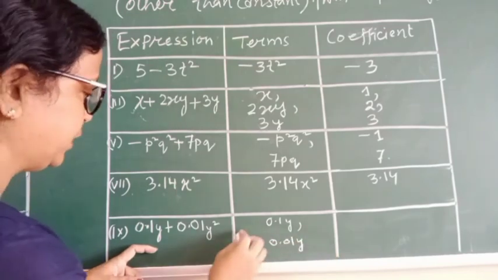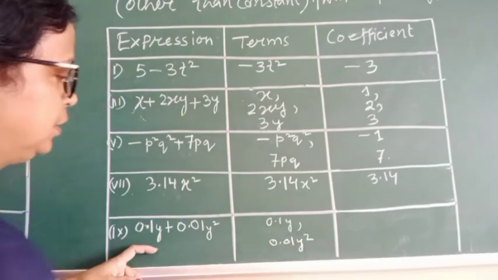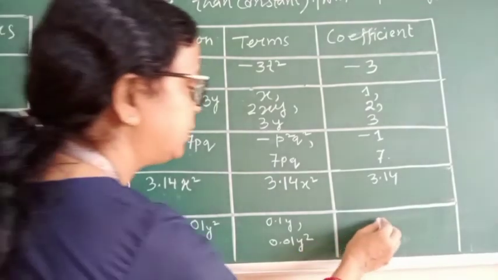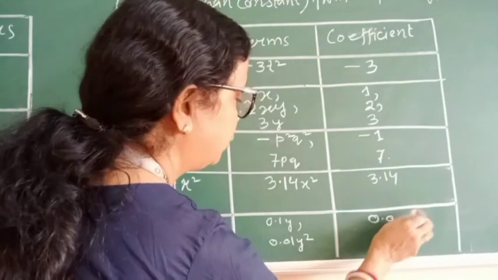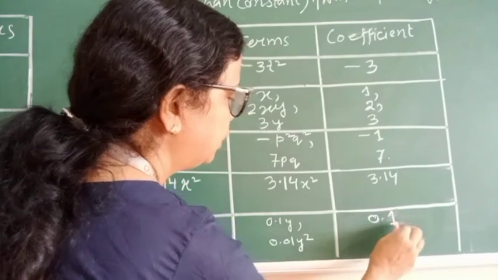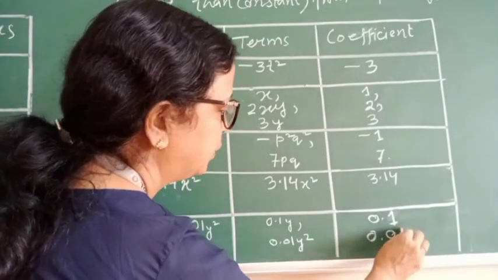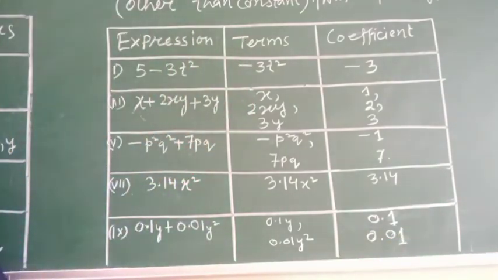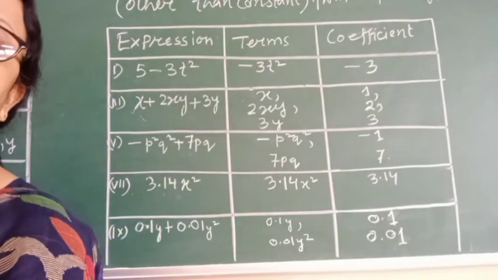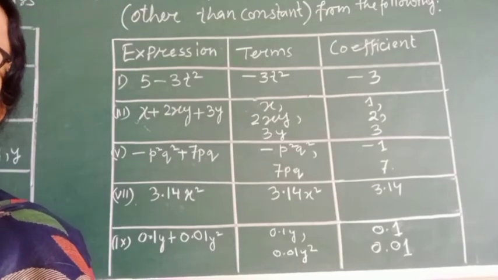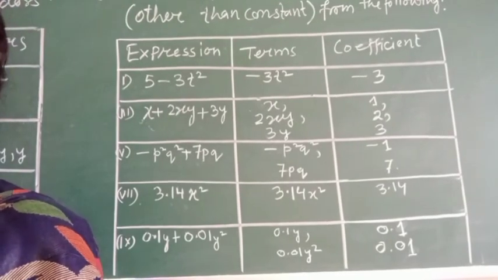Now the numerical coefficients: the first one is 0.1, the second one is 0.01. Understood? So all these terms and factors you have to identify properly, then you will write them separately.